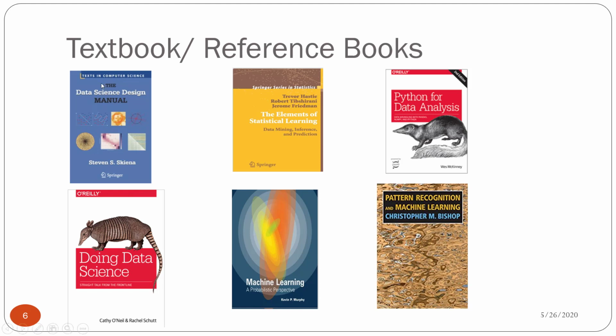That book is right here, the Data Science Design Manual. It's a very nicely written book. I love this book. Another interesting thing about this book is that it's written by one of our own professors who is very well known in the domain of data science. So if you want, you can get a copy of this book and read it.